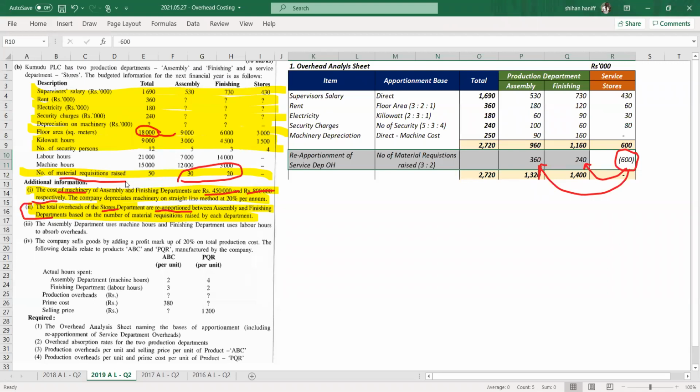That's the number of materials requested by assembly department and finishing department, 30 is to 20, right? So that means 3 is to 2. So the stores department total cost we have to divide based on 3 is to 2. Because stores department doesn't produce any goods. No production in the stores department, so we have to remove this. That's why we allocate the stores department cost to the production departments. Is it clear?